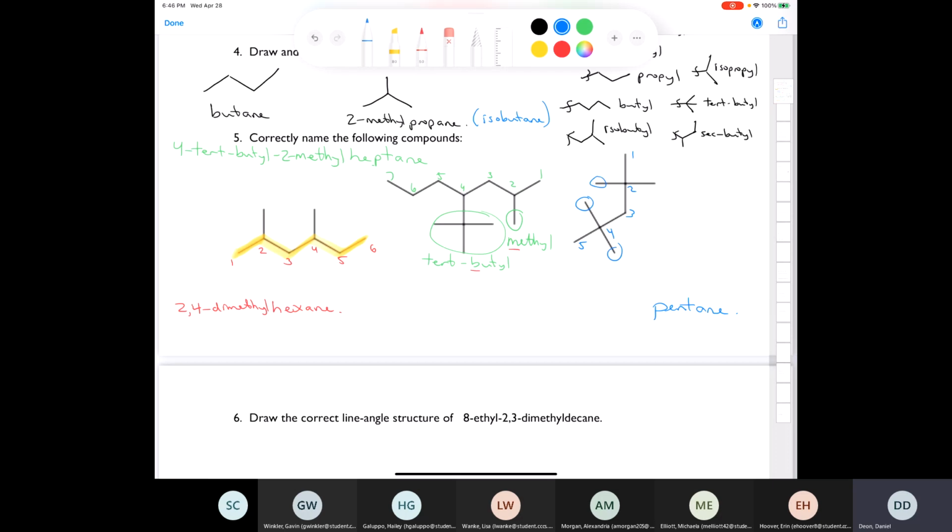We have 1, 2, 3, 4 branches. They're all methyl groups. We have 2 of them on carbon 2, and we have 2 of them on carbon 4. So this is a 2,2,4,4-tetramethyl. So 2,2,4,4-tetramethylpentane, just like that.